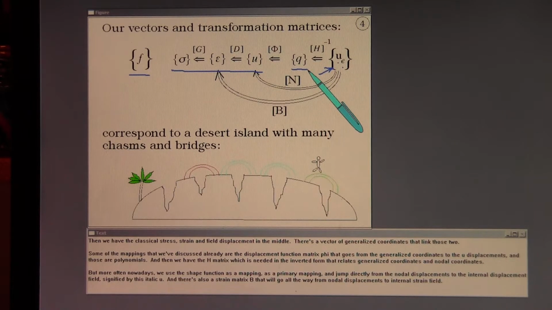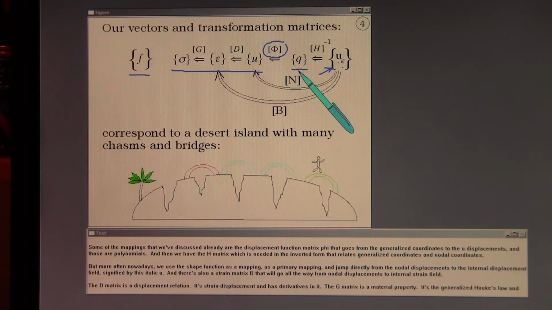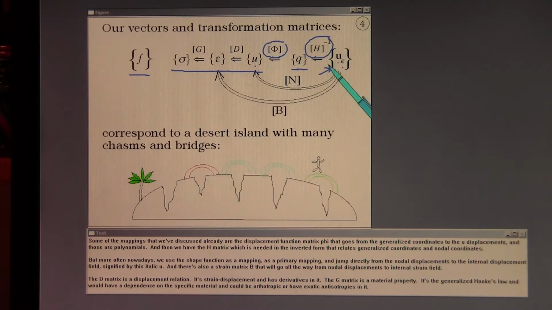Some of the mappings that we've discussed already are the displacement function matrix phi that goes from the generalized coordinates to the U displacements, and those are polynomials. And then we have the H matrix, which is needed in the inverted form that relates generalized coordinates and nodal coordinates.